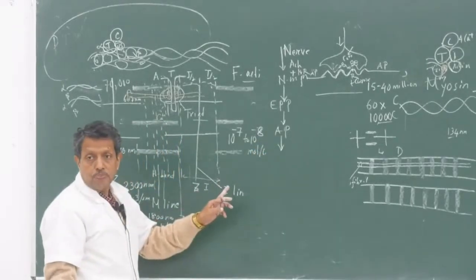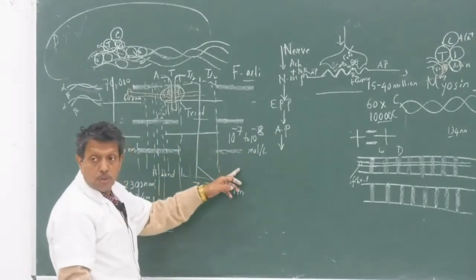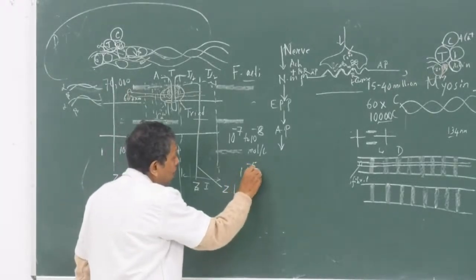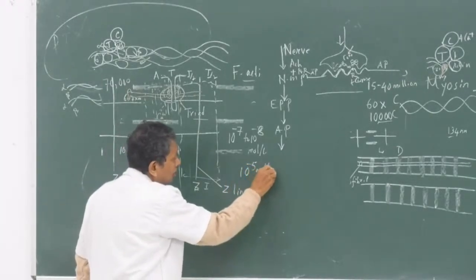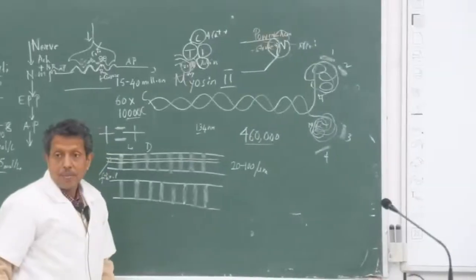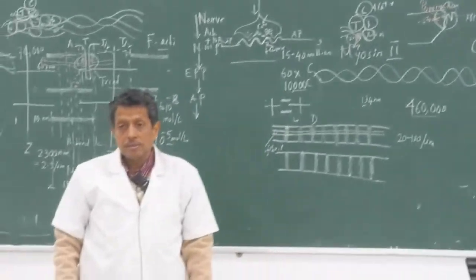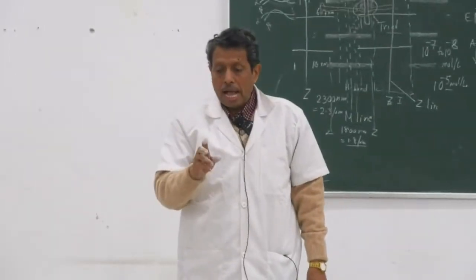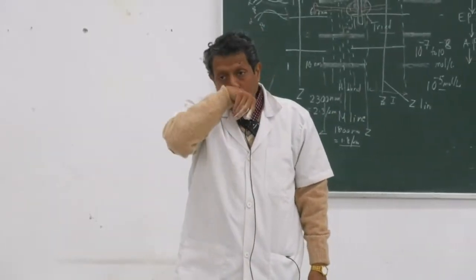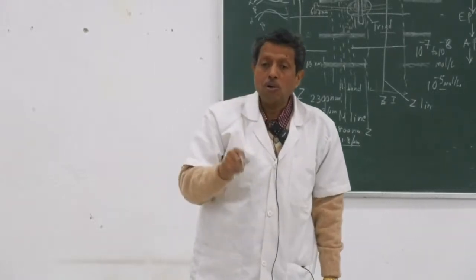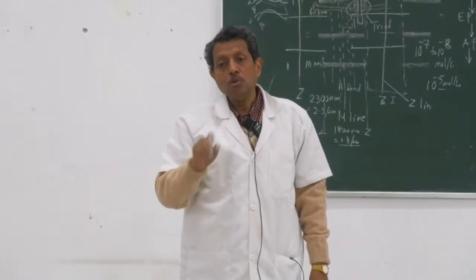And whenever there is an action potential, it will rapidly reach a value of 10 to the power minus 5 mole per liter, and then the contraction will take place. This calcium will bind with troponin C, and the activity of troponin I, which is normally firmly bound with actin, becomes loosened.